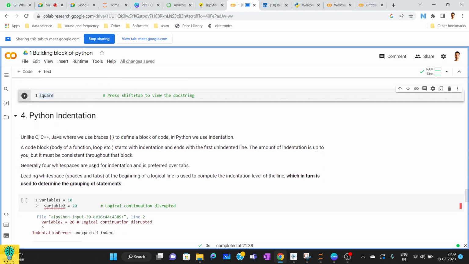Okay, and before going to the next, let me give you another quiz. So try answering this. The question is: which is not a correct comment syntax, which is not a correct format.